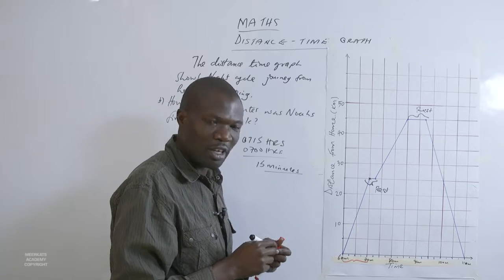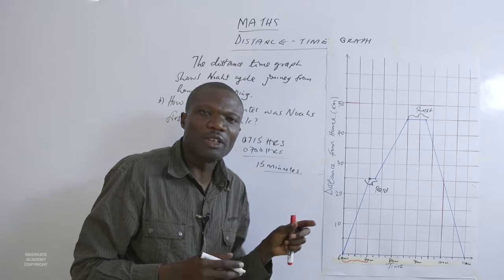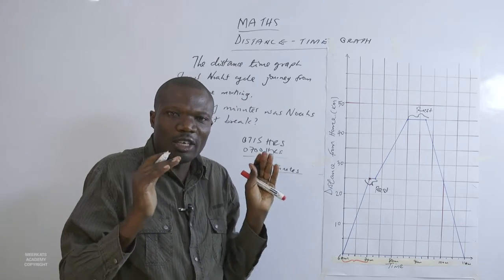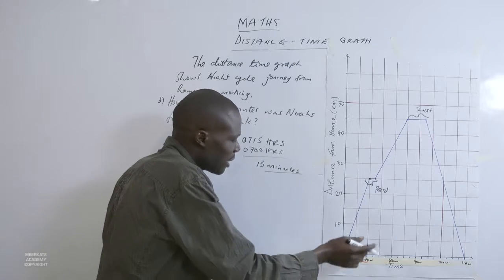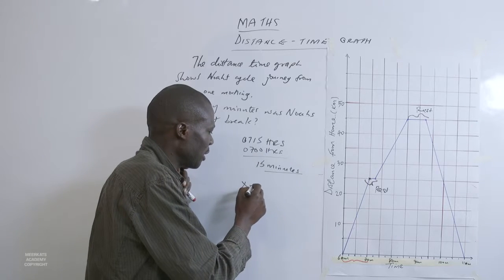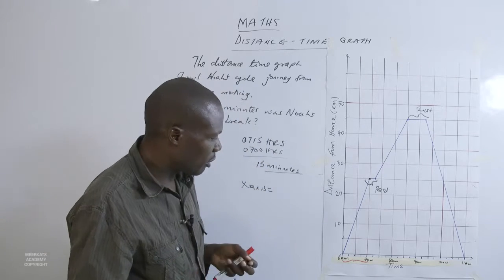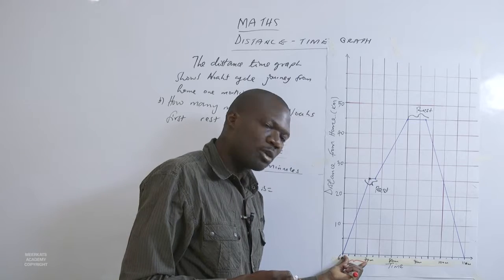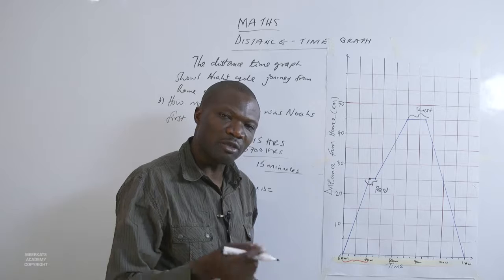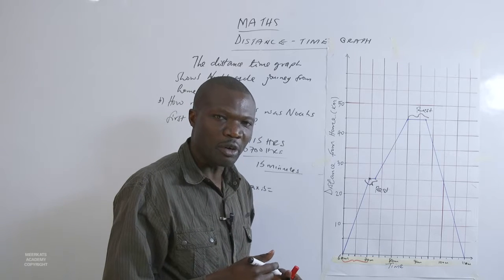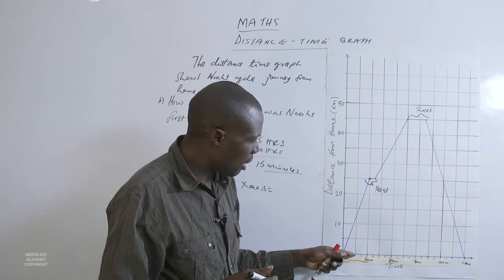How did we arrive there? There is a very important key point we need to know. We must know the key, the nature of the key, of every graph. For example, the key of hours on the x-axis: take note that every one small box represents 0.5 hours, or half an hour.